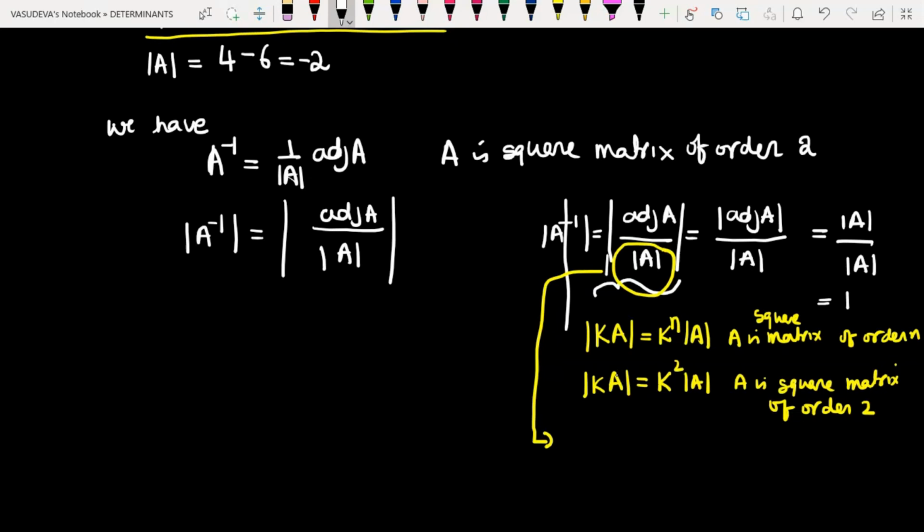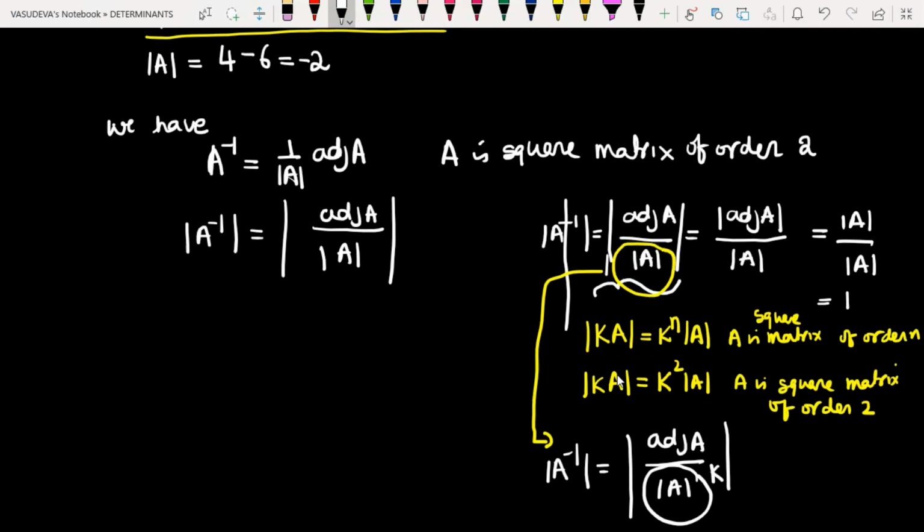Here, what should happen: determinant of A inverse is equal to determinant of adjoint of A divided by determinant of A. This is important. Now consider this scalar quantity as k.